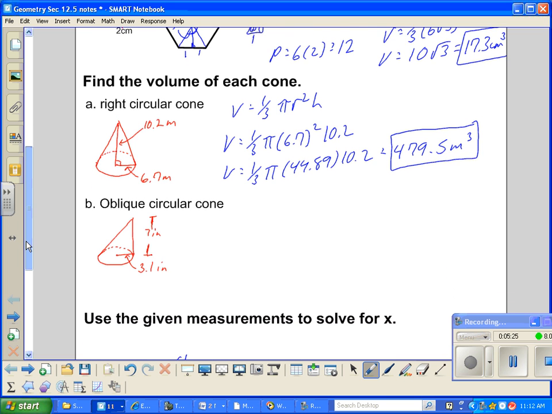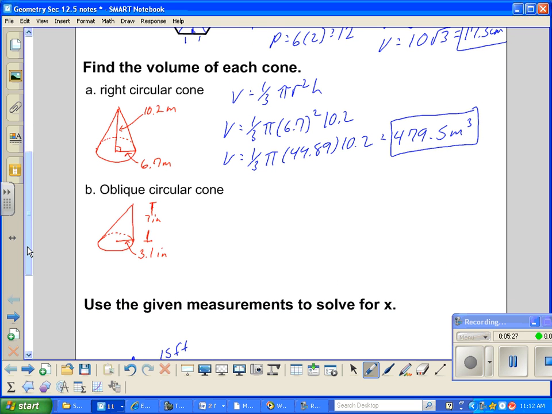All right. So the next one is an oblique circular cone, and in this case, the height is going to be the same as the distance of this side of the cone, going straight down to the base, which is 7. So once again, we're using the exact same formula, 1/3 pi r squared h. So our volume is going to be 1/3 of pi times the radius squared, which is 3.1, times the height, which is 7.